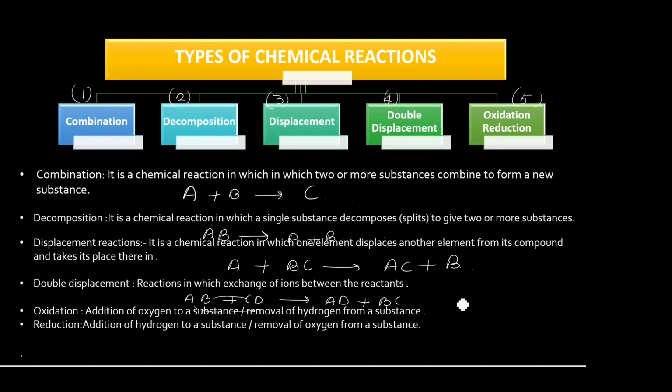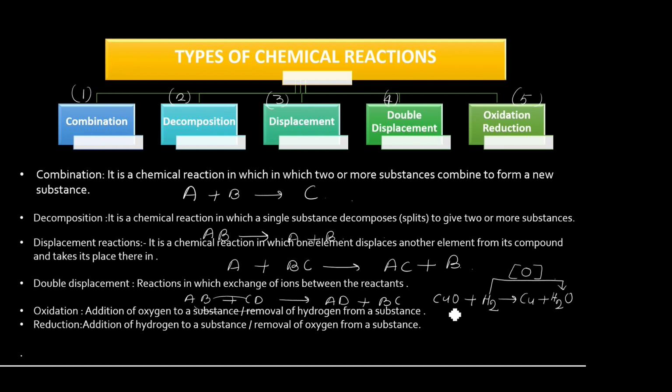One simple example I will tell. Copper oxide reacts with hydrogen and forms copper plus water. See, in this reaction, hydrogen is forming water, which means oxygen is added to hydrogen. So this is known as oxidation.